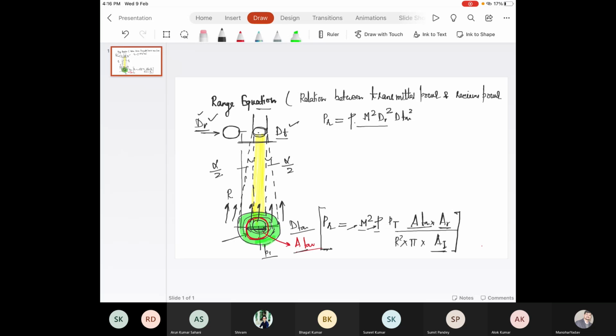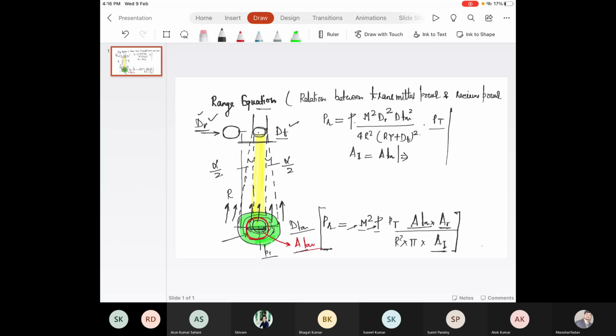Okay, divided by 4r square into the diameter of laser footprint whole square into pt. Okay, we can assume that this area illuminated by laser pulse, illuminated area is equal to a target.